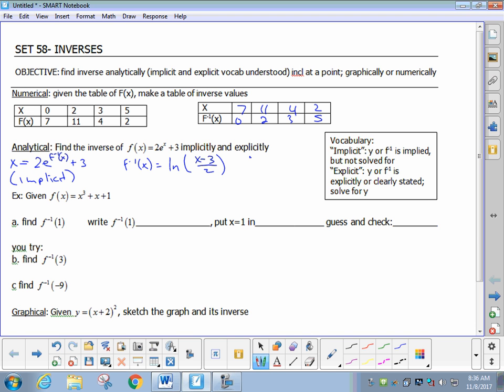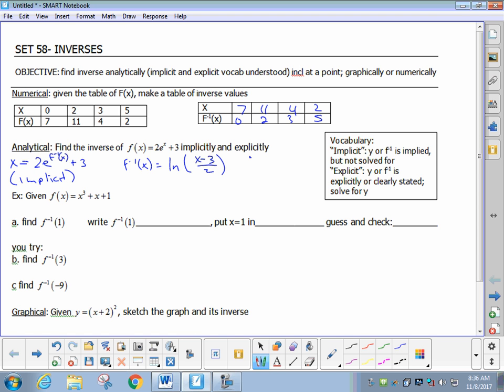Okie dokie. Now, say you are given this cubic, which is more common like you see in the book, and it's good preparation for the calculus to come. If I ask for f inverse at a specific point, f inverse at 1, this is the thought process I would like you to go through.